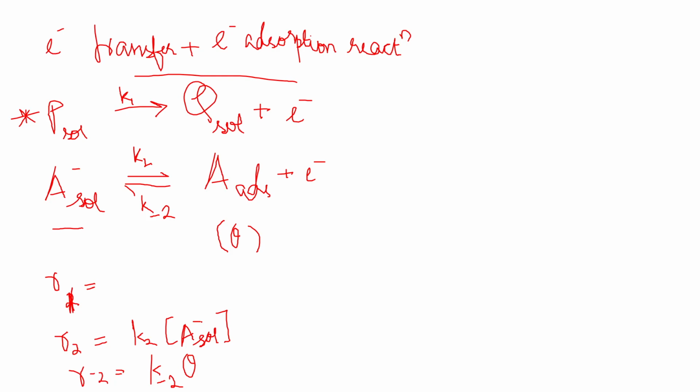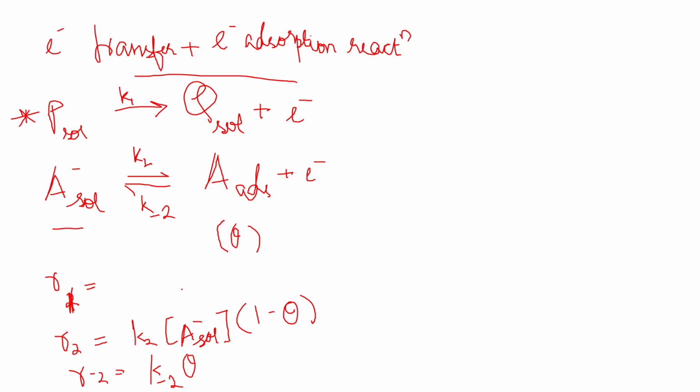Is it able to get reduced to A adsorb over the entire surface of the electrode? Will it be into 1 minus theta? Yes, 1 minus theta. Why? Because the entire surface is not available for the A solution to get transformed into A adsorb.